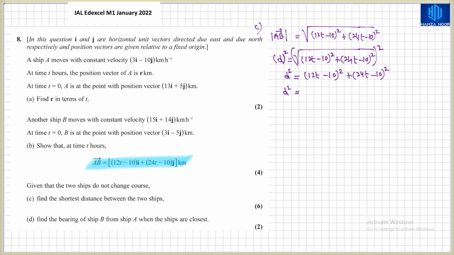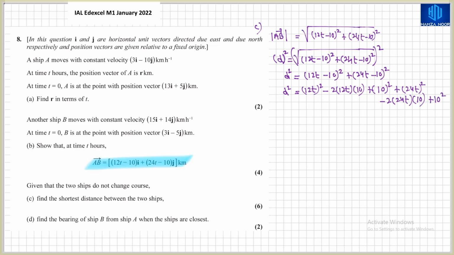All right, so first of all, I'm going to expand this. d square is equal to 12t whole squared minus 2 times 12t times 10 plus 10 squared plus 24t whole squared minus 2 times 24t times 10 plus 10 squared.